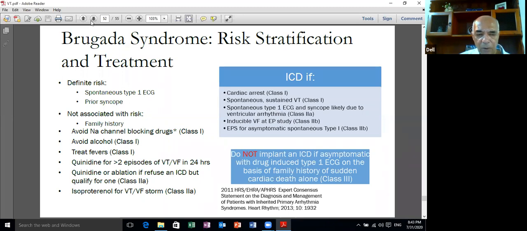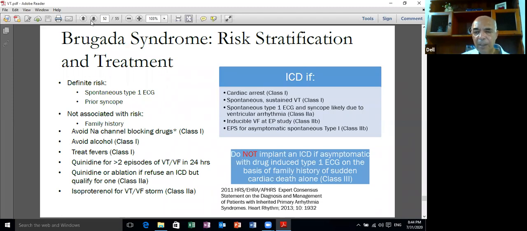Isoproterenol is sometimes used to decrease the dispersion in refractoriness. But what is the indication of ICD? Cardiac arrest, spontaneous ventricular tachycardia, spontaneous type 1 ECG pattern with syncope. And as I told you, we now have an indication for inducing ventricular tachycardia and ventricular fibrillation during the EP study in patients with asymptomatic type 1, and this is a class 2B recommendation.